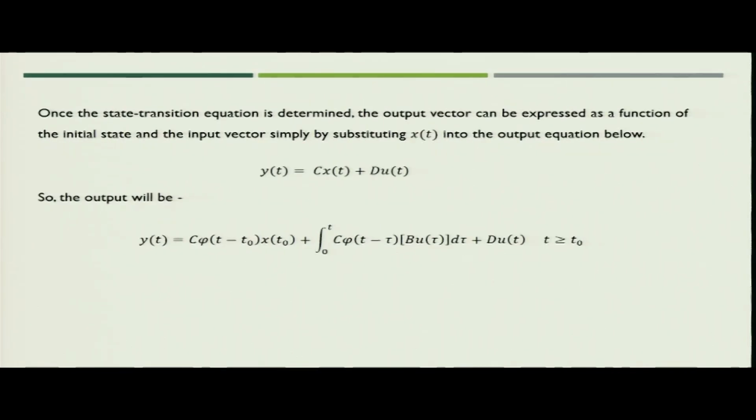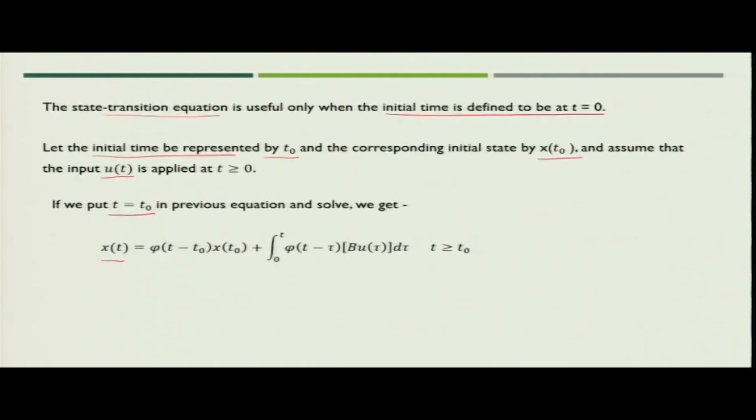Now, once the state transition equation is determined, the output vector you can express as a function of the initial state and the input vector simply by substituting x(t) into the output equation. The output equation is y(t) equal to C x(t) plus D u(t). So, in place of x(t) you write the expression we just derived.